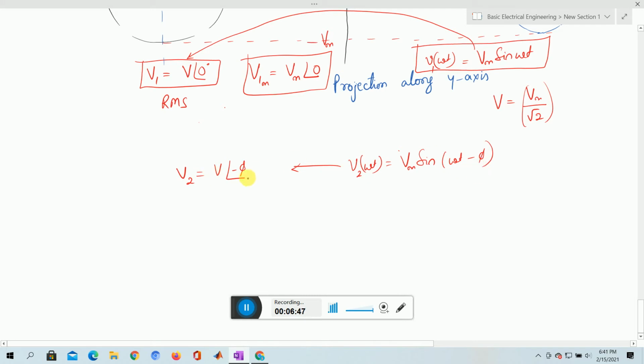Whatever the minus phi is, that same minus phi is represented here. Suppose I write V3 of omega t is equal to Vm sin of omega t plus phi. Here also the same will be written: V3 is equal to V angle plus phi.